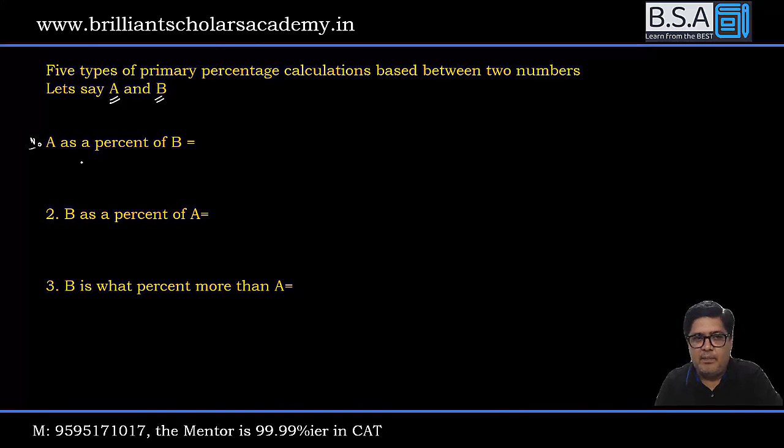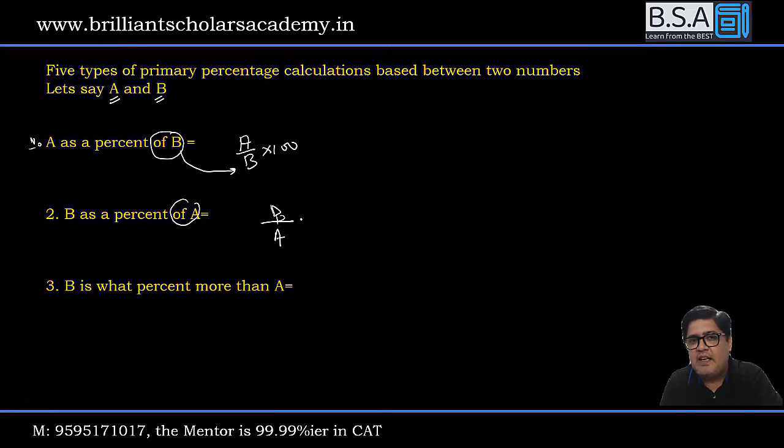So when I say A as a percentage of B, what comes after of? That is the denominator. That is the base of calculation. This is what you perform as a calculation: A by B into 100. What comes after of is the base, denominator. So B will be below, A will be above.